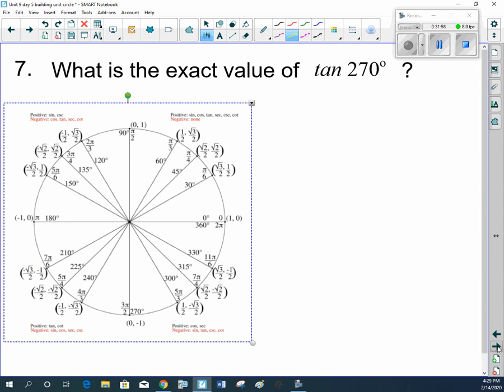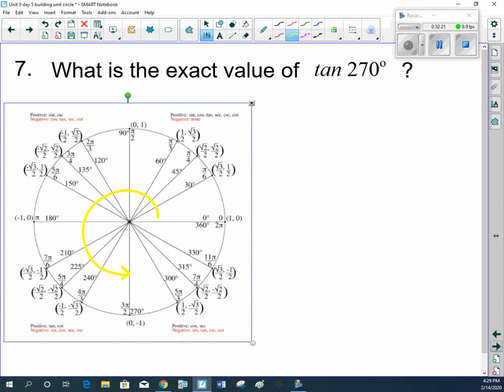So let's see if we can do that with the tangent of 270. Let's see what happens, because this one doesn't have a triangle. This one's kind of a tricky one. If you rotate 270 degrees, that puts you right here on the y-axis. There's no reference triangle with that.